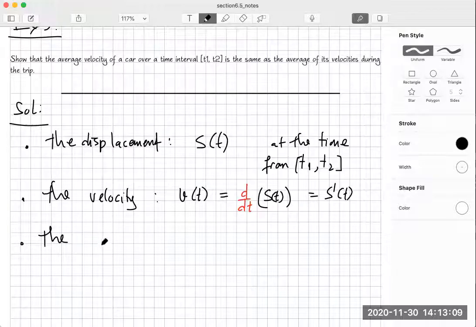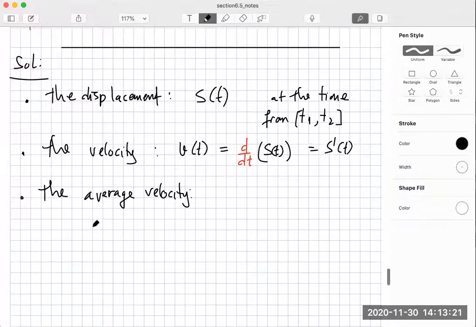And the average velocity is given by this relation. V average velocity will be the ratio of delta S over delta T, right?